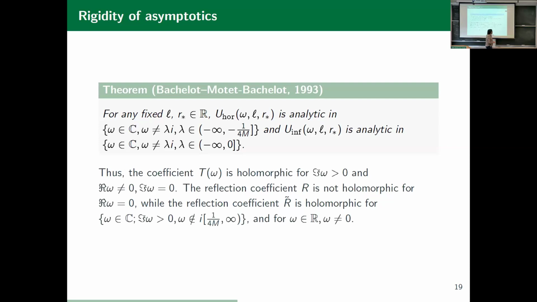So what that means for us is that the reflection coefficient has this branch cut which extends to omega equals 0, and then R tilde will also have this branch cut, but also will have a pole at 1/4m, and then it will have a sequence of poles at n/4m.